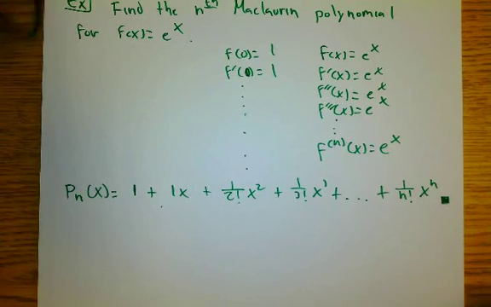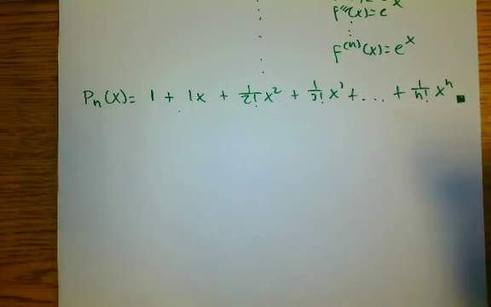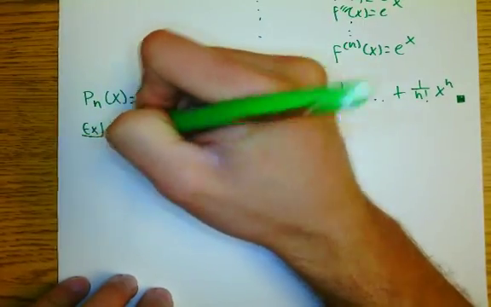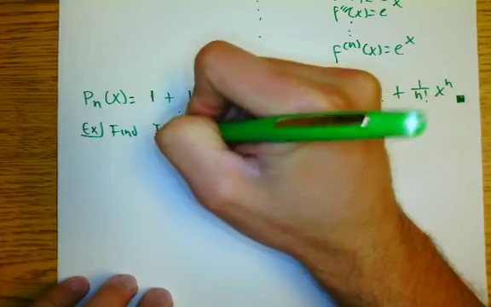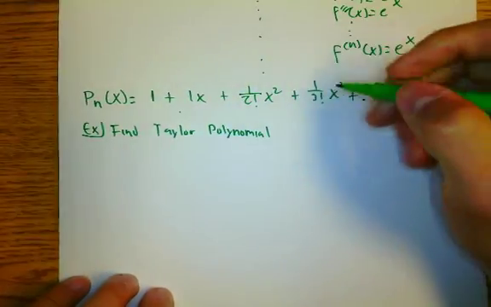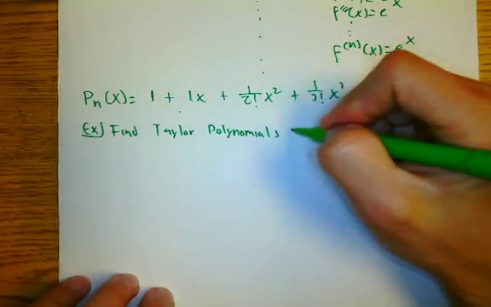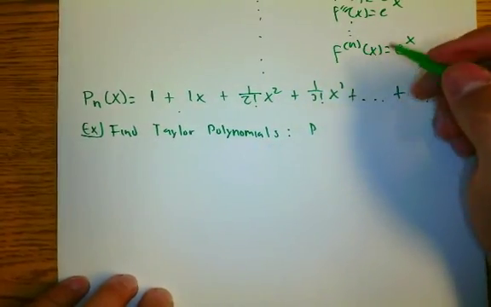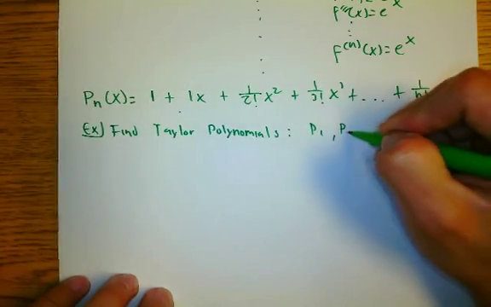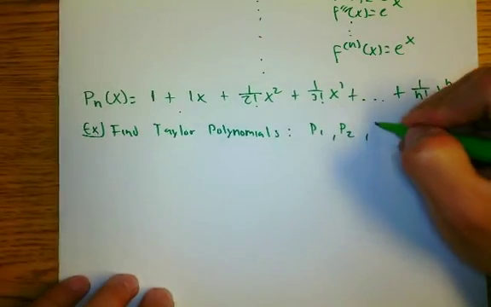Okay, example number 2. We want to find a Taylor polynomial, and we're going to do a couple of them. I want you to do a first degree Taylor polynomial, a second degree Taylor polynomial, and a third degree.